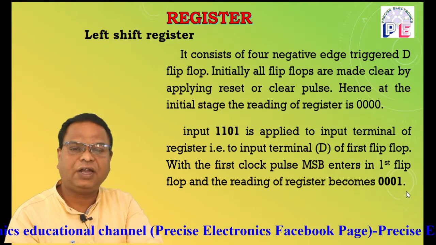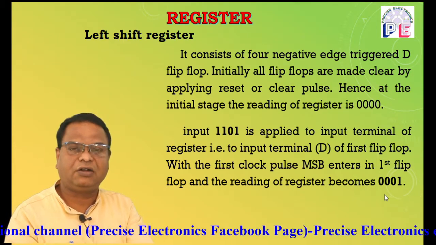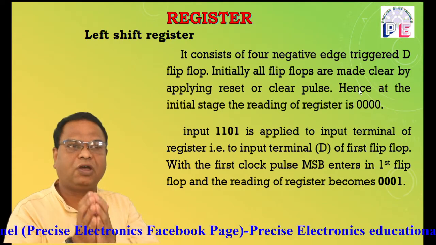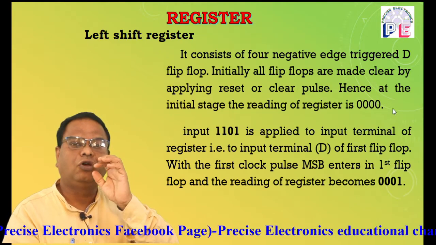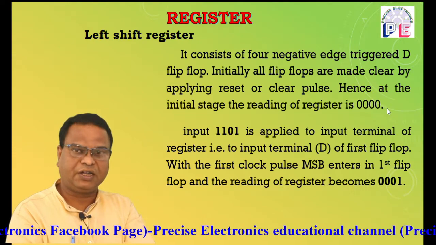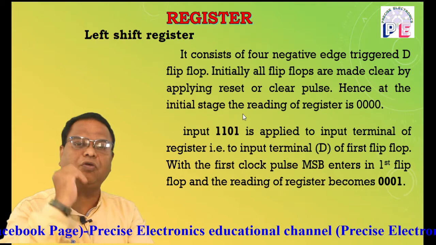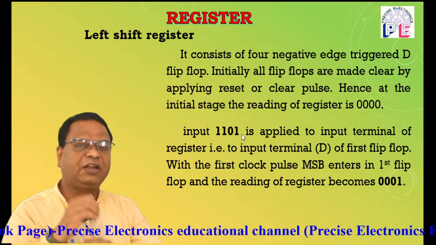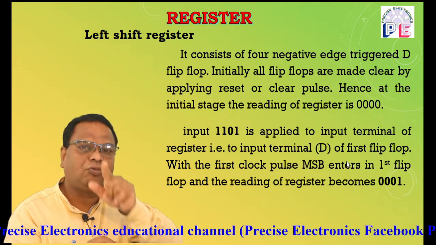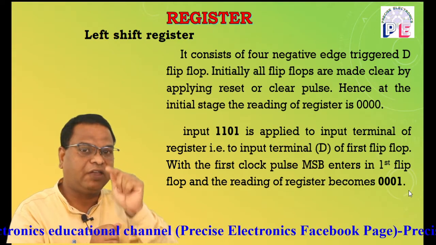Now, how is that data shifted? Once again, before applying data input, before applying any clock pulse, all the flip-flops are in reset mode. So the output of the register is 0, 0, 0, 0. Now the data, 1101, is applied to the input terminal of the first flip-flop. At the negative edge of the first clock pulse, the MSB is shifted in.